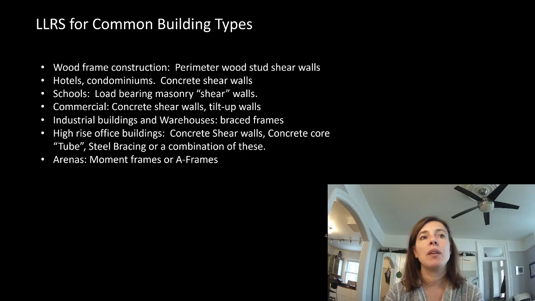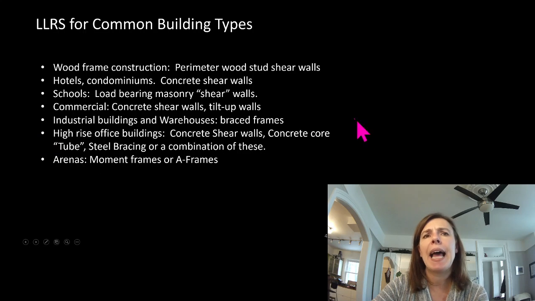Commercial buildings might use a concrete shear wall and tilt-up. Industrial buildings and warehouses, braced frames. Almost always a braced frame. High-rise office buildings, they might use concrete shear walls or cores, or they might do a steel bracing or a combination of those. So those ones, it really can be project specific.